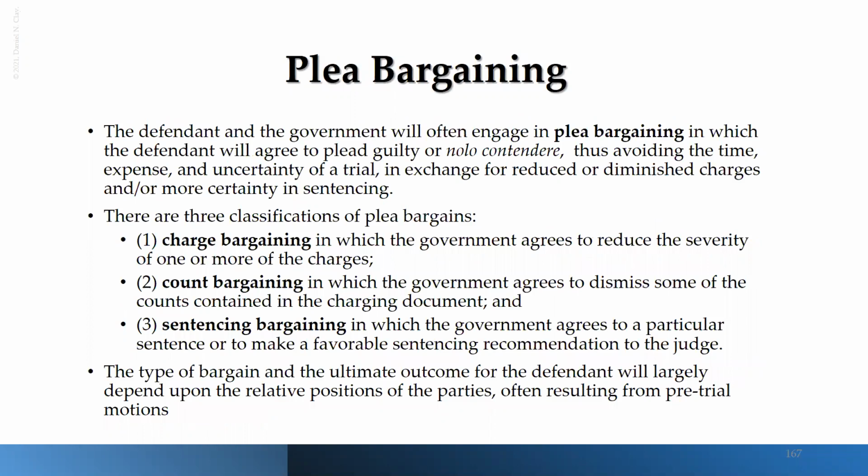Now, I did mention before this concept of plea bargaining. So this definitely occurs before the trial. It can occur during the stages of a trial as well, but generally speaking, it's going to occur before. Now, in plea bargaining, what happens is the defendant and the government engage in coming up with an agreement. Basically, under the agreement, the defendant agrees to plead guilty or nolo contendere.